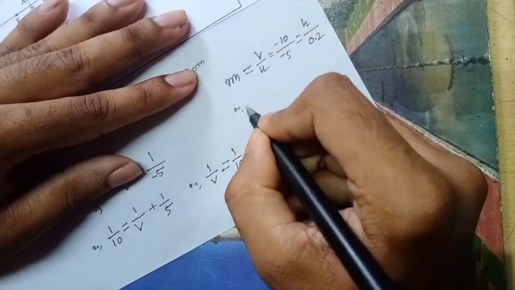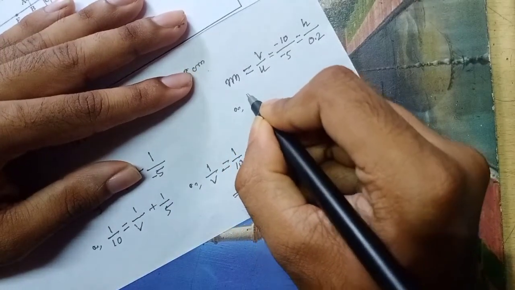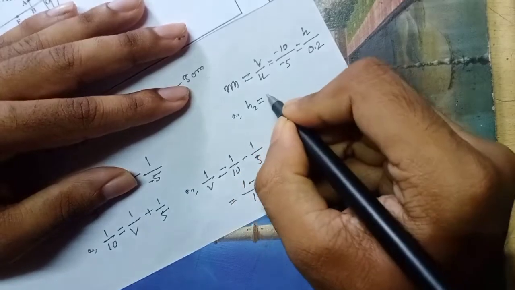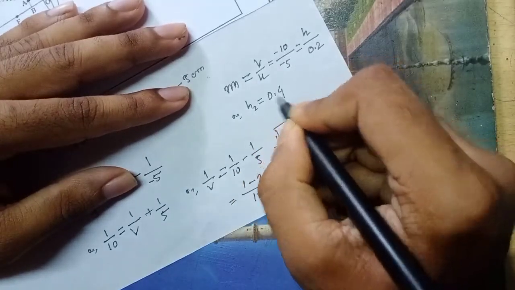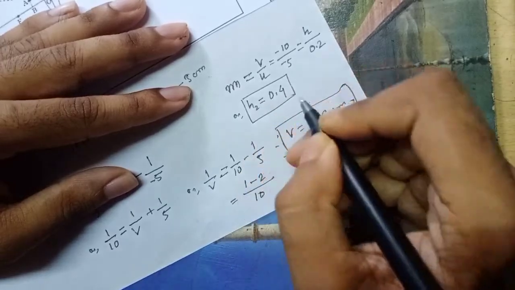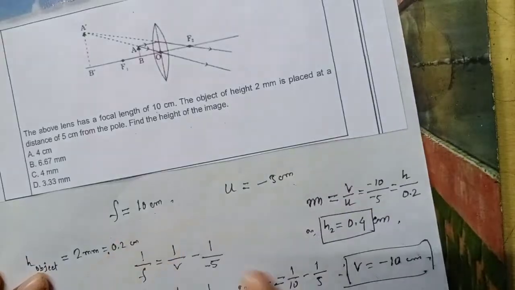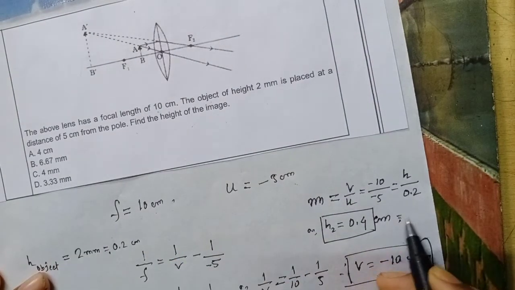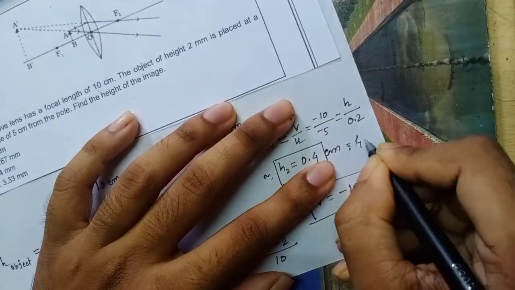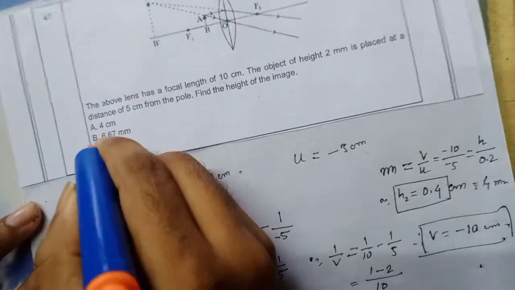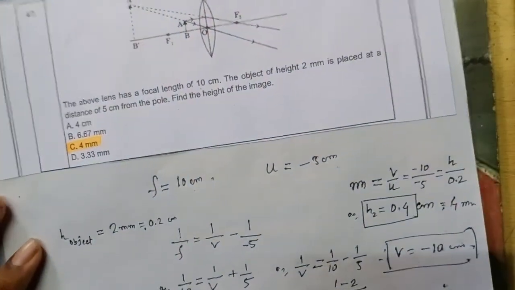So here we get h2 equals 0.4 centimeter. The correct answer must be 4 millimeter. The correct option must be option C, that is 4 millimeter.